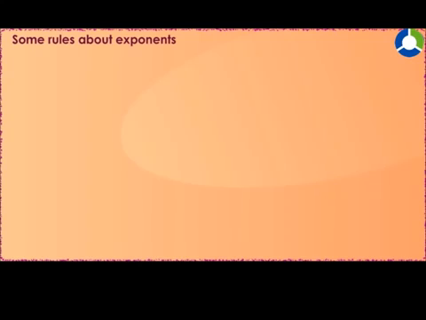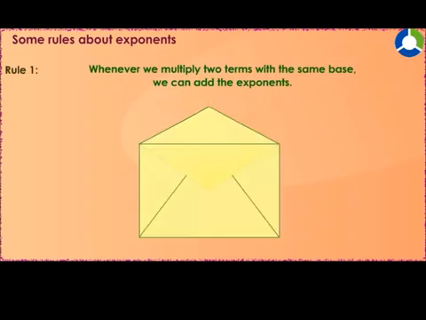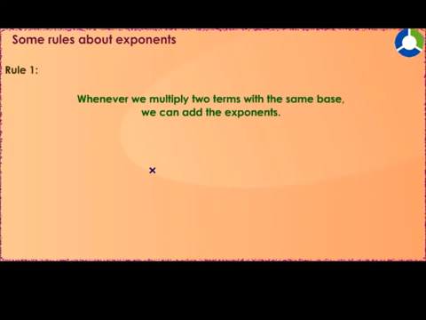Some rules about exponents. Rule 1. Whenever we multiply two terms with the same base, we can add the exponents. x raised to m multiplied by x raised to n equals x raised to m plus n.